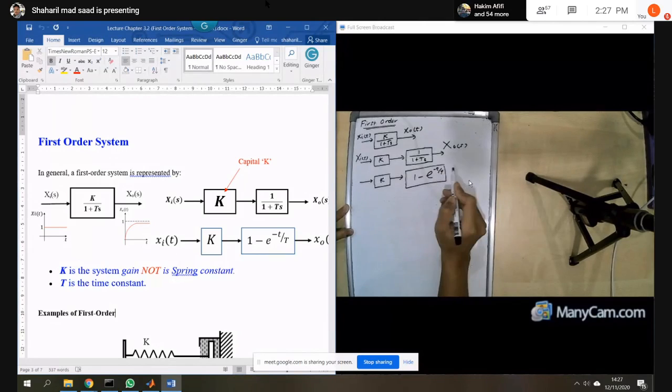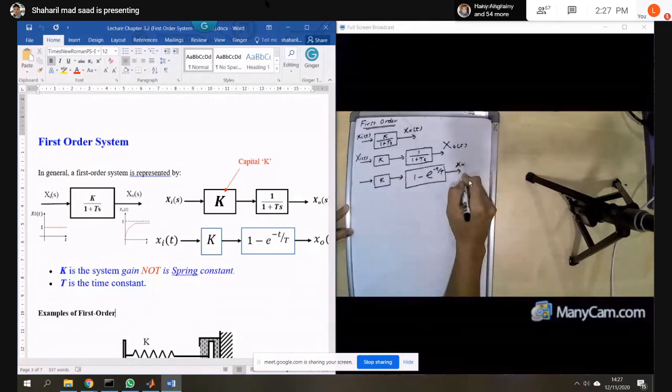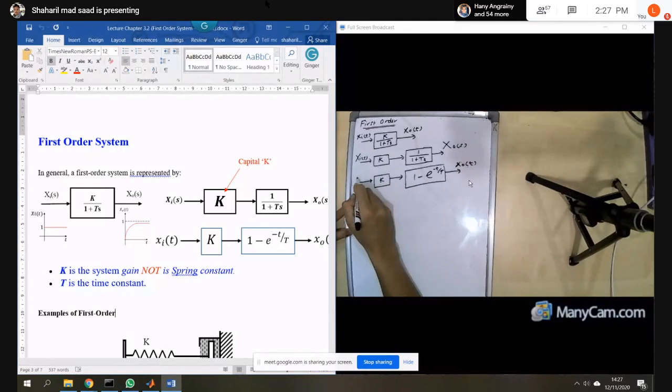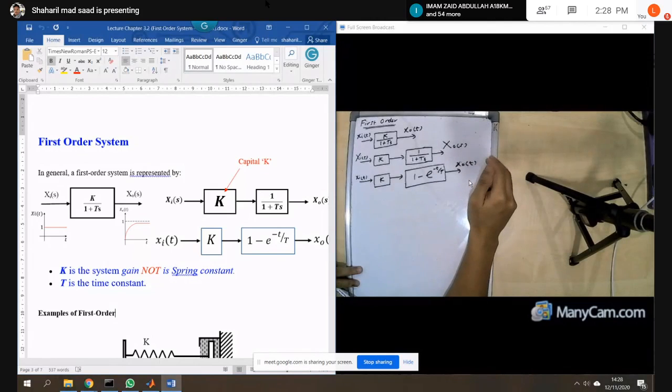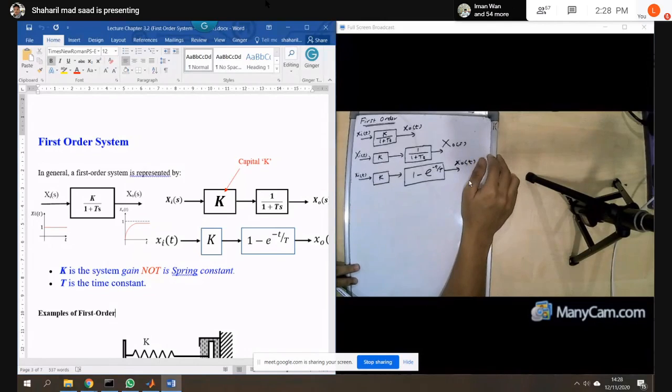So this one is x_o(t) and this one is x_i(t). So this is the general equation for the first order system, right?